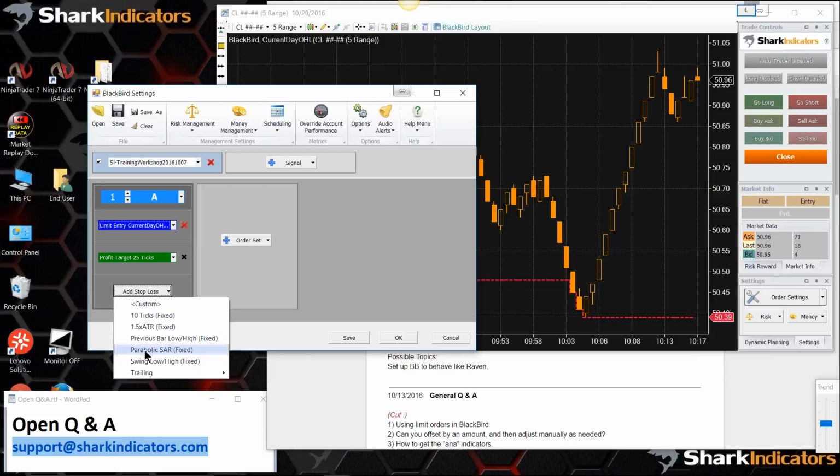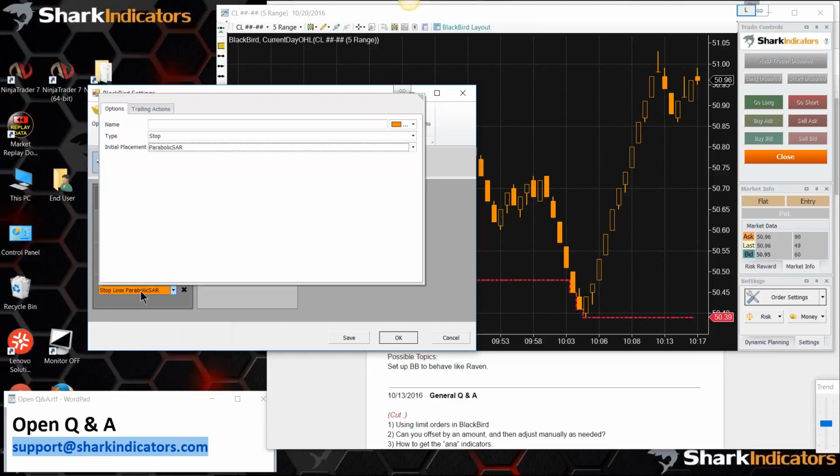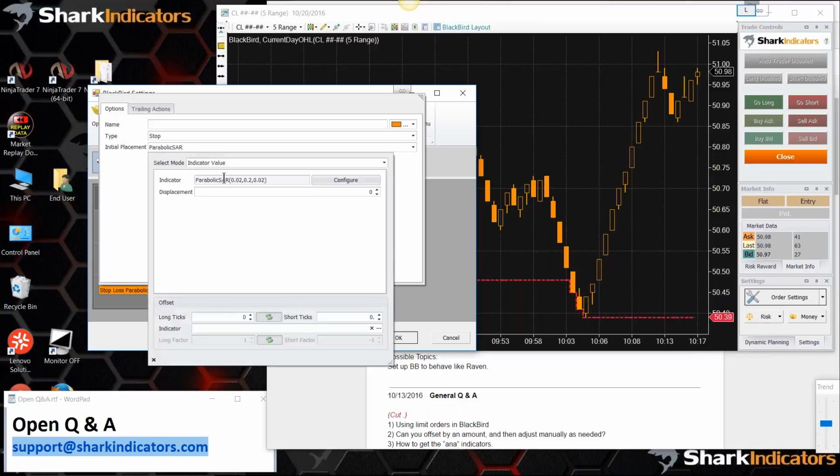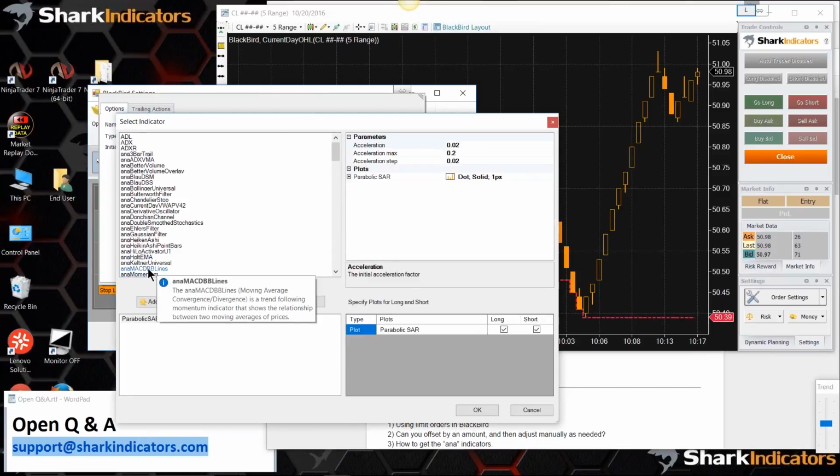So we'll select this and replace the parabolic SAR with the appropriate indicator. So put the parabolic SAR in there, and now we'll take our initial placement and replace the parabolic SAR with the current day high-low indicator.